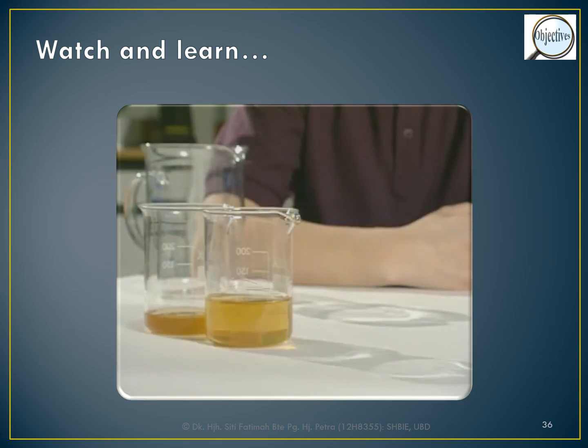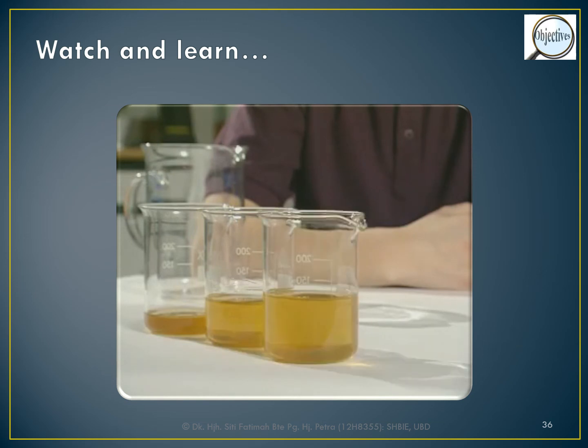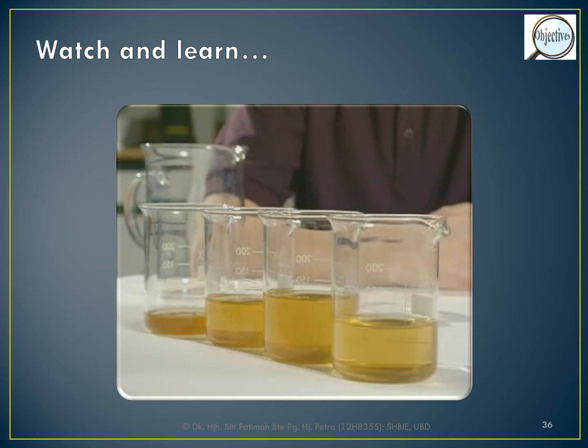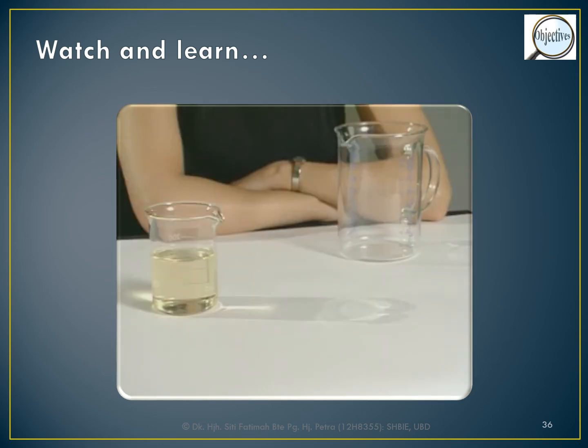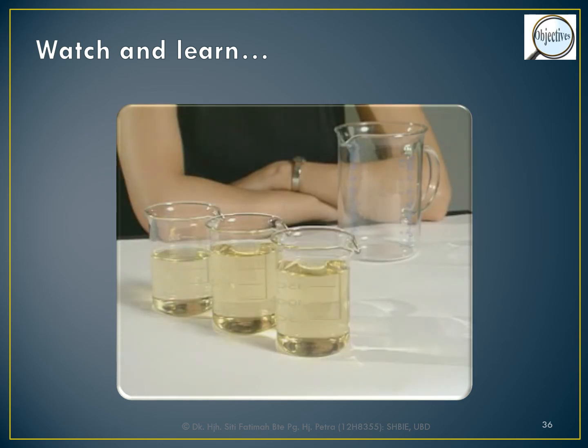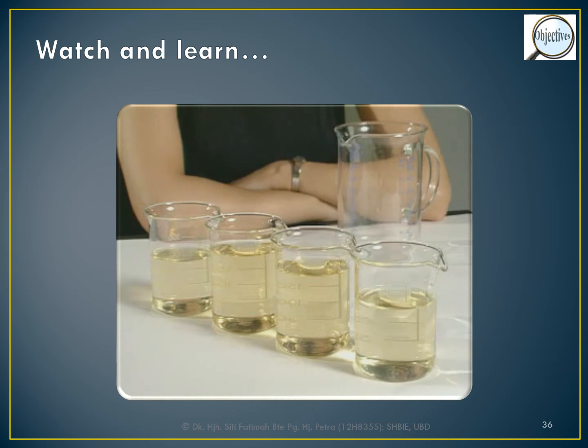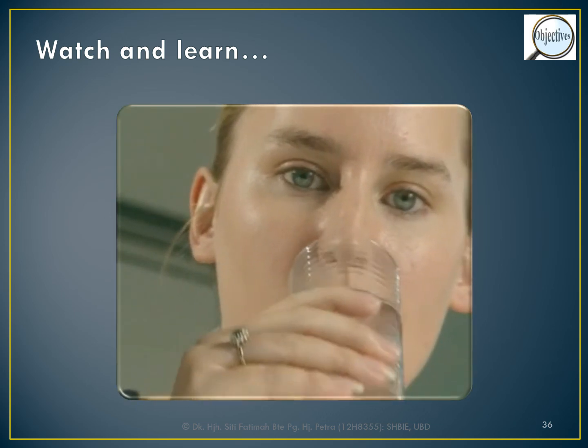Lisa's urine is gradually getting paler, but she's still producing less than Joanne. In just 2 hours, Joanne has lost nearly all the water she took in. Her kidneys are getting rid of any excess fluid.